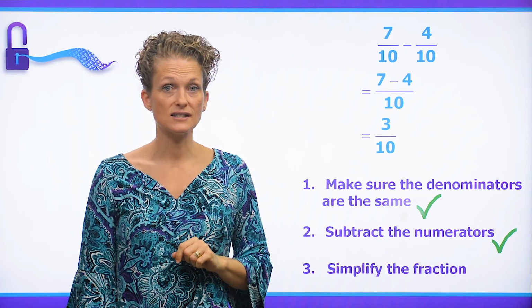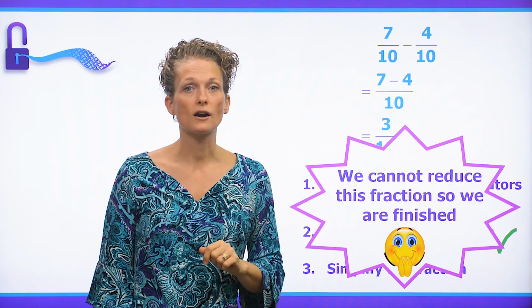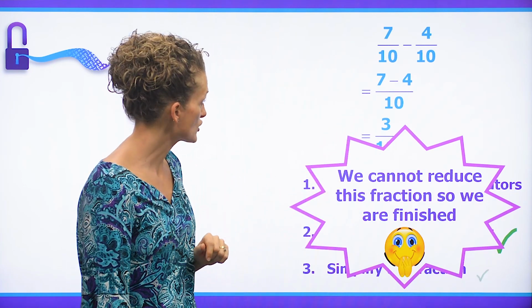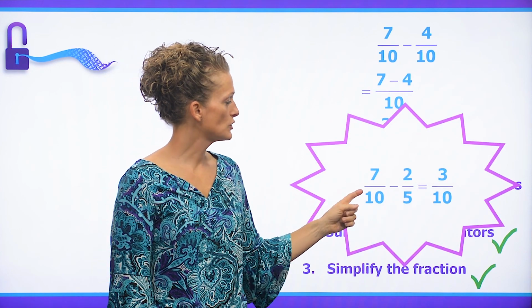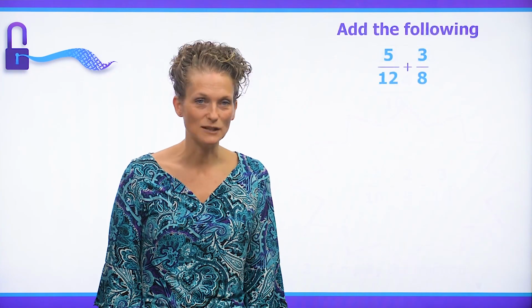Step number 3 says to simplify the fraction, and we cannot reduce this fraction anymore. So we are finished with our subtraction. 7 over 10 minus 2 over 5 is equal to 3 over 10.